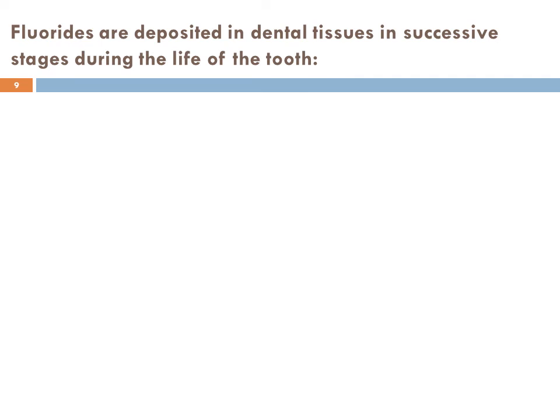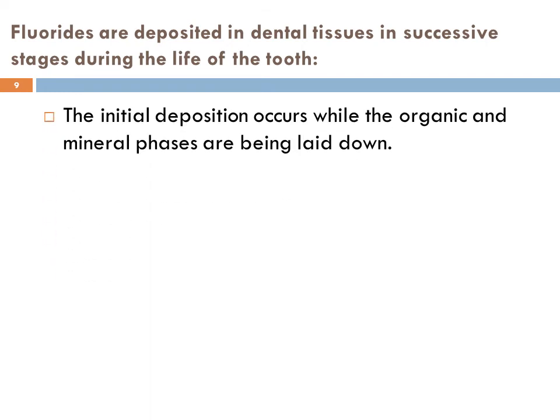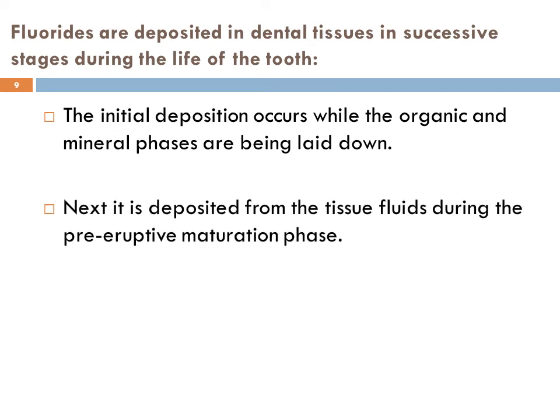So, how can fluoride become a part of our teeth? Actually, fluoride is deposited in dental tissue in successive stages during the life of the tooth. These stages are: the initial deposition, which occurs during formation of the tooth, during the period of tooth development and formation of organic and inorganic substance.